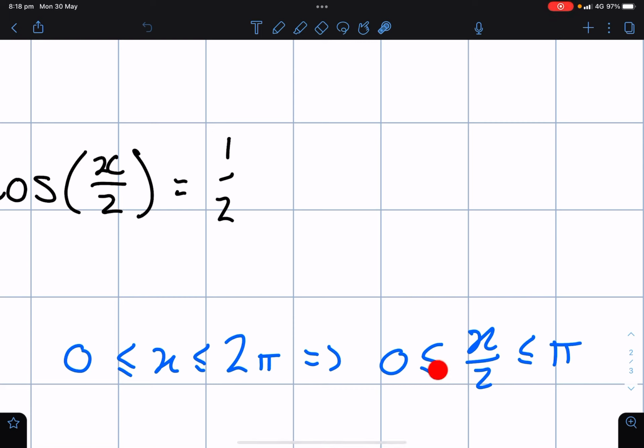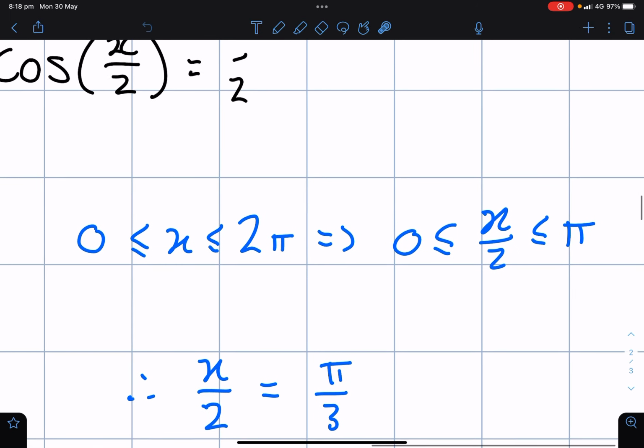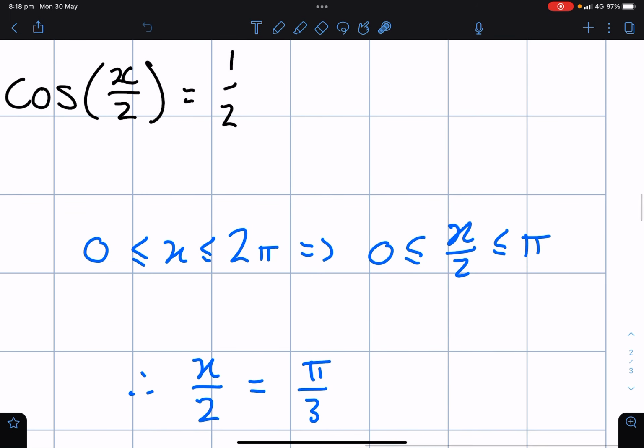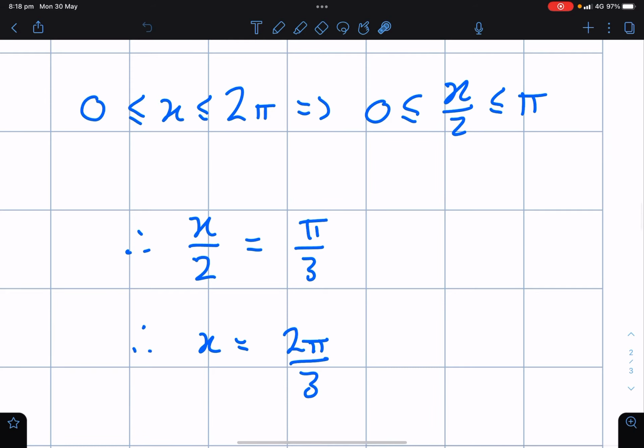So 0 is less than or equal to x divided by 2, which is less than or equal to pi. The only cosine value from 0 to pi that has the cosine of a half is pi on 3. So that means x divided by 2 is equal to pi on 3. Times both sides by 2, x is equal to 2 pi on 3.